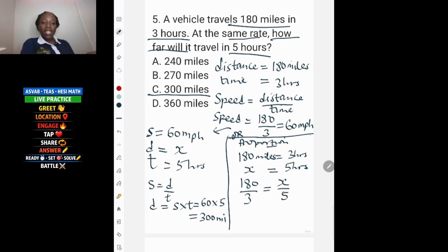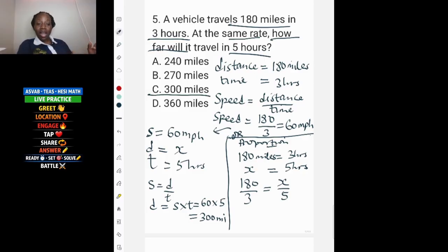Something to note, not to fall for the trap: when you put your mile on top as the numerator, make sure the second side's numerator is also mile, so that the time will be the denominator. If you want to do it the other way, make sure they follow the order.